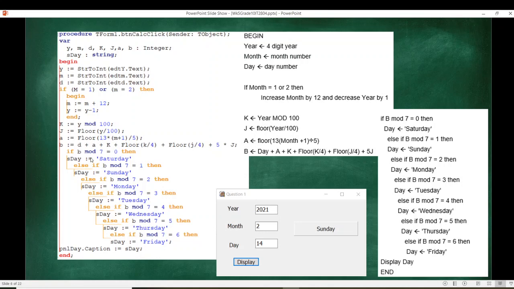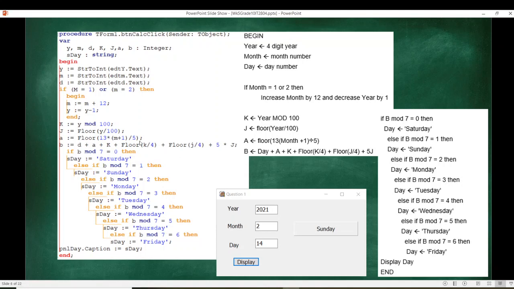And then the next 4 lines just cover what these 4 lines of algorithm instructions cover. So k gets the value of y mod 100, which is the same as that line there. The only thing you need to bear in mind is that this one over here has a 13 and then brackets month plus 1, whereas when we write out the Delphi code, we have to put the times sign between the 13 and the month plus 1.